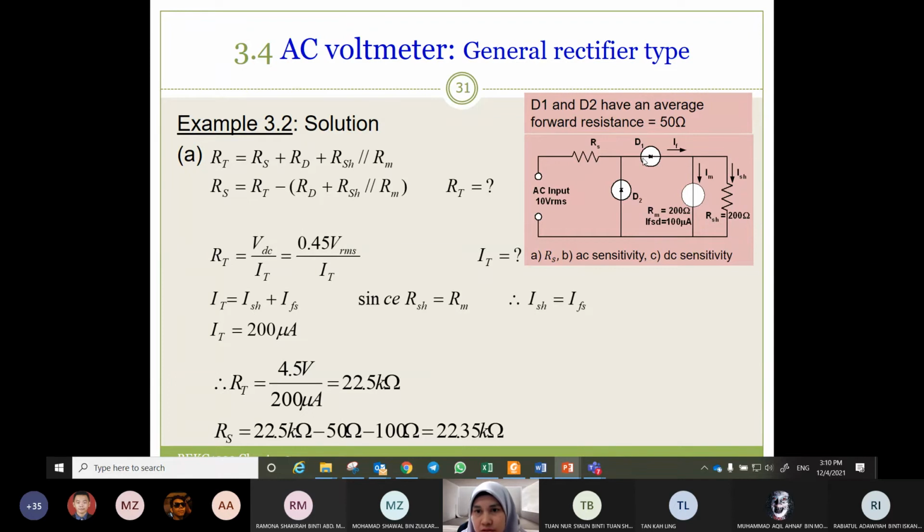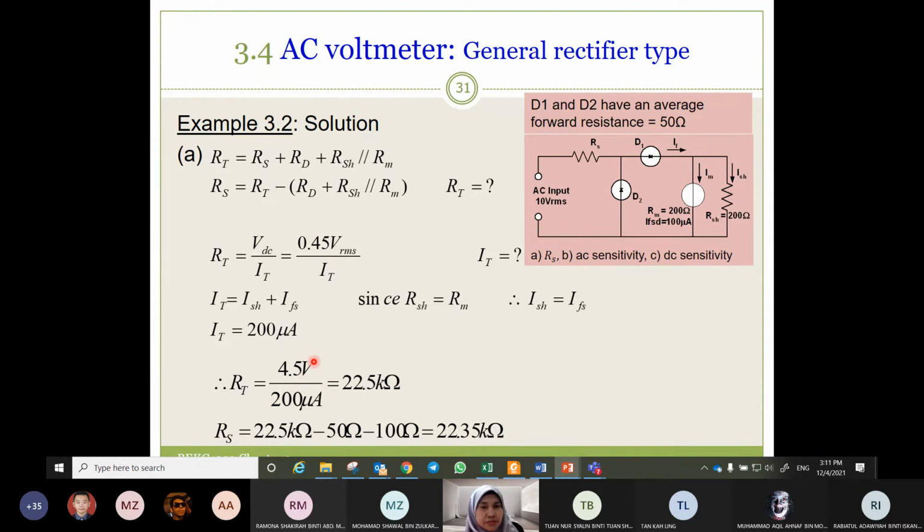So the current here is equal to 200 microamps. This part is open circuit. So we know that I total is equal to 200 microamps. R total is equal to 0.45 multiplied with 10, we get 4.5.